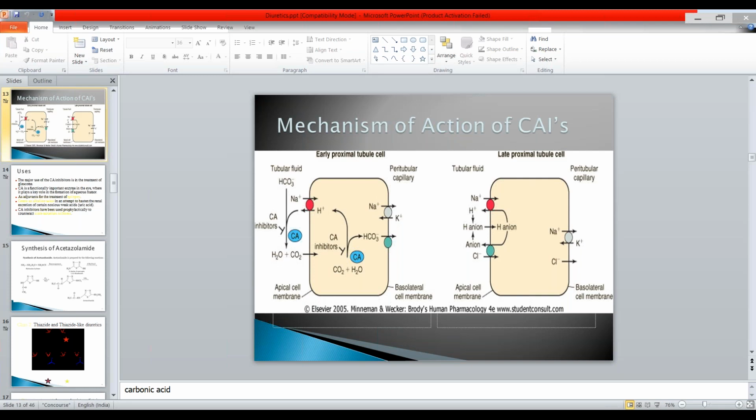Especially on site 2, and to some extent on site 4, where at the loss of potassium ions, sodium ions can be exchanged.